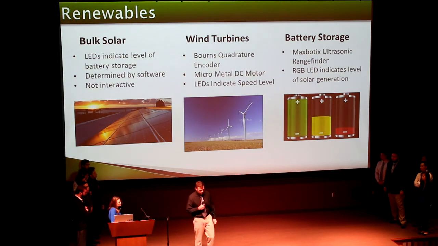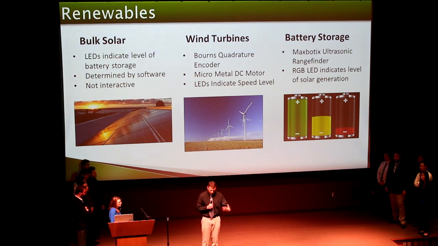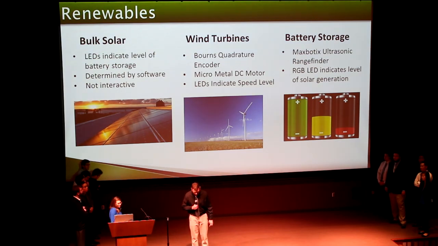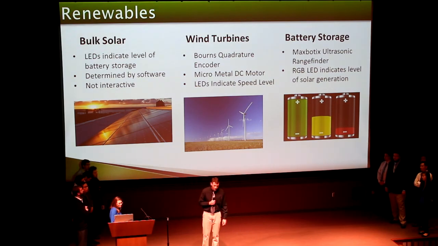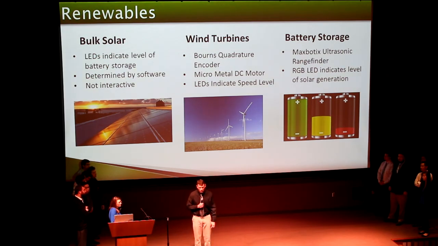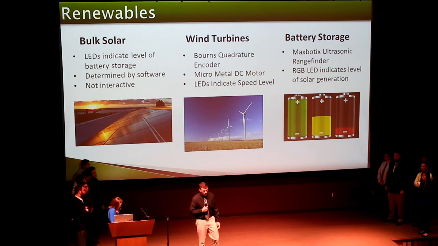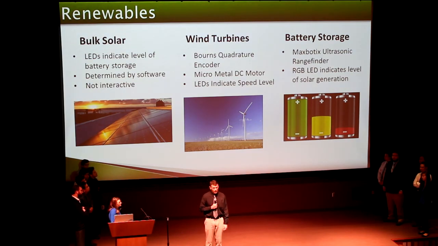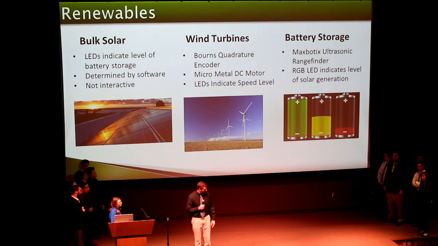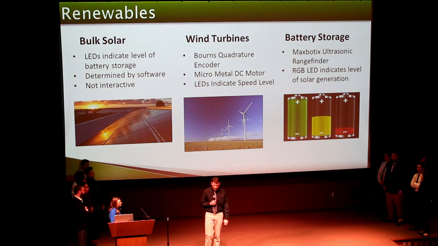With many sources of generation and many hours of off and on hours of energy requirements, sometimes more energy is produced than is required. So SDG&E uses battery storage to load balance when generation is lower than required energy needs. However, that is not interactive. It's only set by software. It's represented using 3 LEDs.